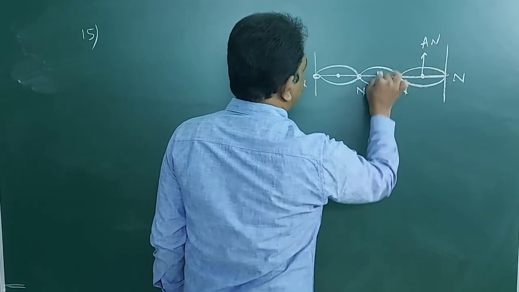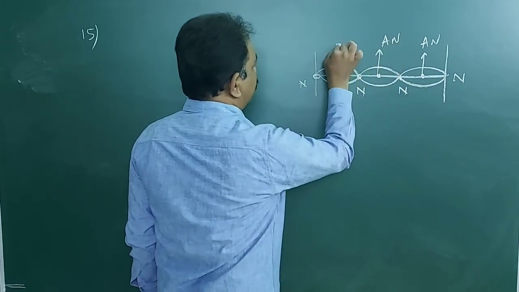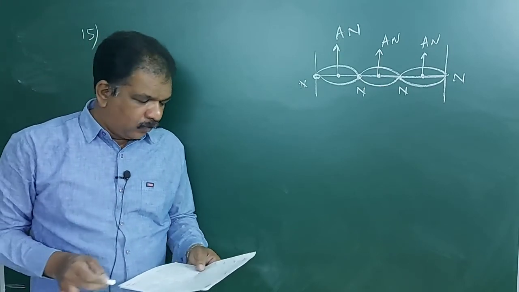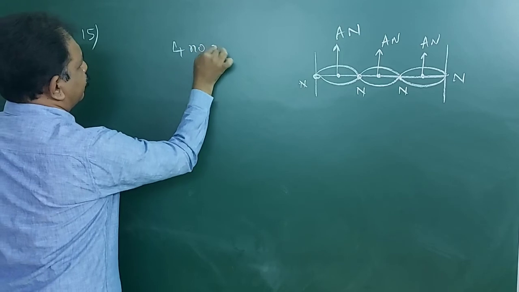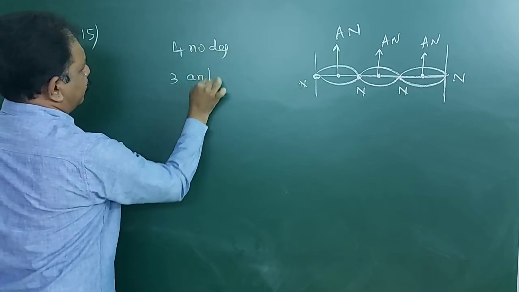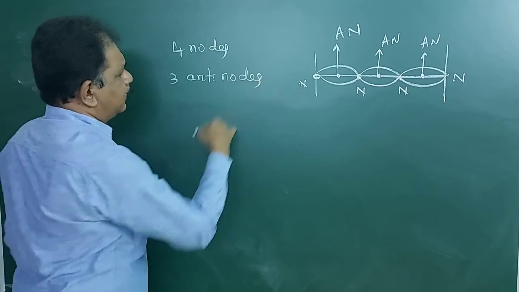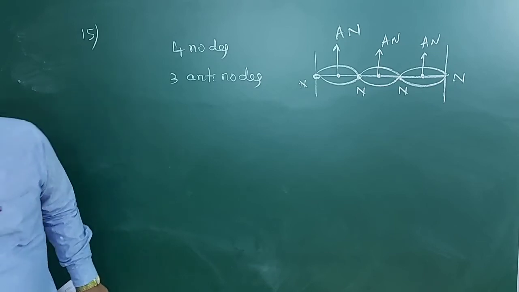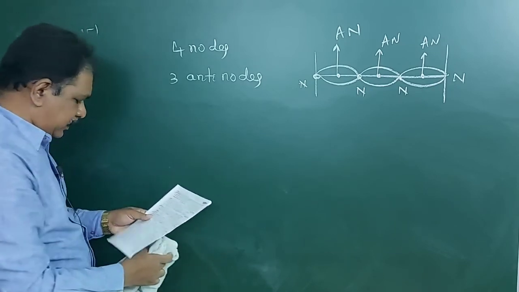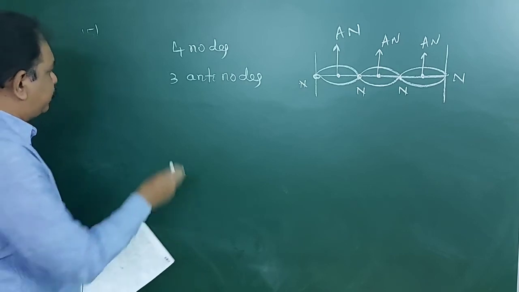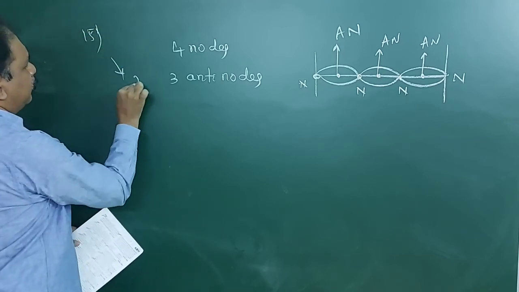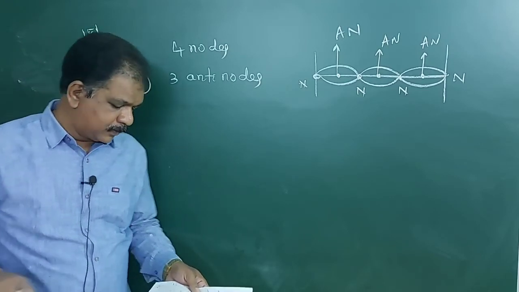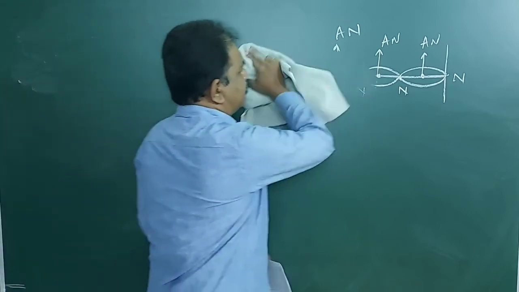This is one anti-node, this is one anti-node, this is one anti-node. So totally 4 nodes and 3 anti-nodes will be formed. Next, 16. For 15, the second option is correct. I think it is a typing mistake that they gave the wrong option. For the 15th, modify it as second option.